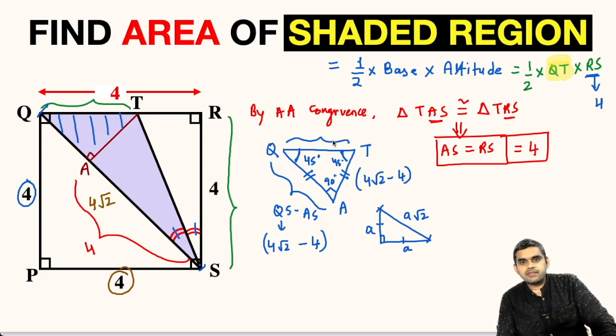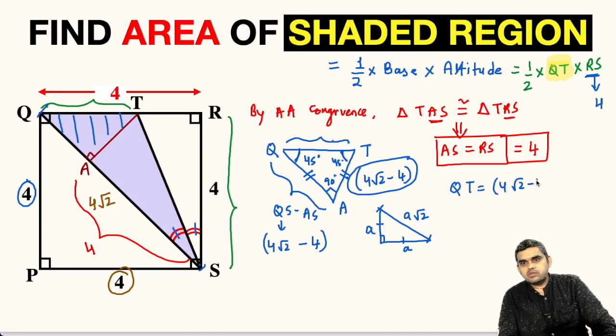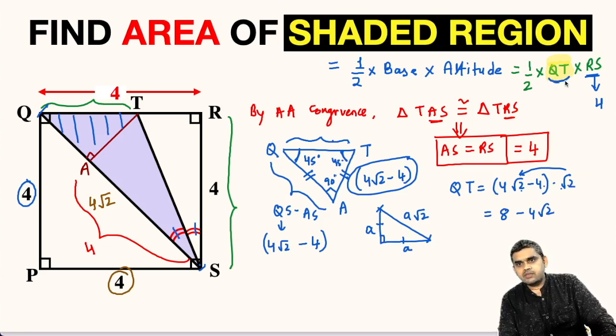So QT will be equal to this side length multiplied with root 2. So QT is equal to 4 root 2 minus 4, times root 2. If we multiply root 2 here, 4 root 2 times root 2 will be 4 times 2, that is 8, minus 4 times root 2, so this is 8 minus 4 root 2. So now we have successfully found the value of QT.